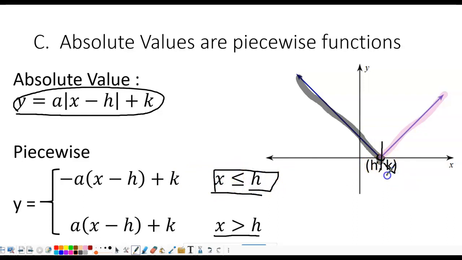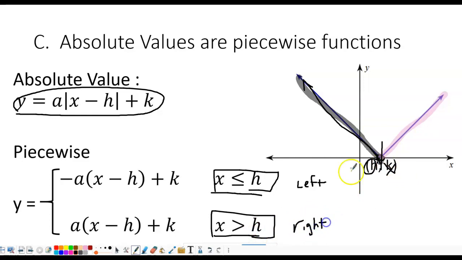So we really don't care about the k when we talk about the breaking point here. We really just look at the h. So the top piece is going to be anywhere where x is less than or equal to h, and that means the left side. That's the left side of our graph because that's where x is going to be less than or equal to h. So we start at h and we go to the left where x is less than h. And then for all x greater than h, that's anything on the right side of the graph.